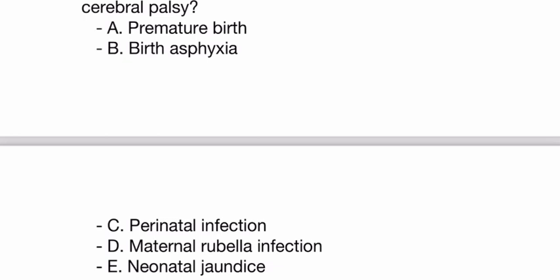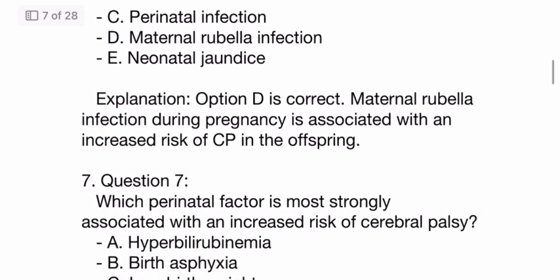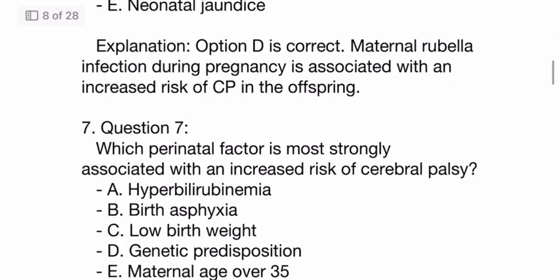Premature birth is perinatal. Birth asphyxia is perinatal. Perinatal infection is, well, direct. Neonatal jaundice is also perinatal. So the only one here that is prenatal is maternal rubella infection. This is the correct answer.